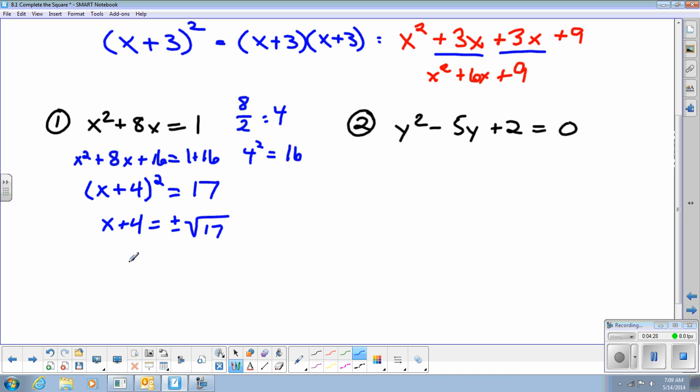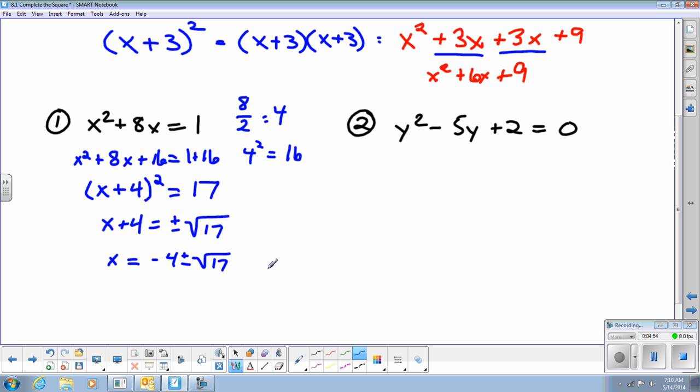Now, I'm going to subtract 4 from both sides, so I say x equals negative 4 plus or minus the square root of 17. And at this point, then I'm going to stop, because now the square root of 17 is an irrational number. I could continue on here, and then if I did, I would use a rounded number for the square root of 17.